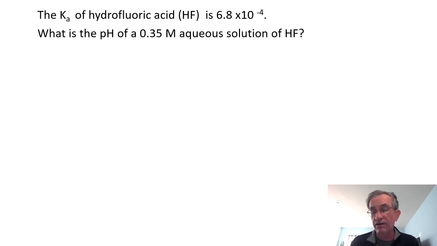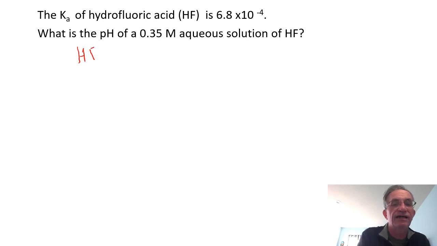So we're going to get ourselves going by, first off, if there's an equilibrium problem, and weak acids will be equilibrium problems, you're going to want to start by writing out the reaction. HF plus H2O. Now, acids, there's no other option. They gotta make hydronium.